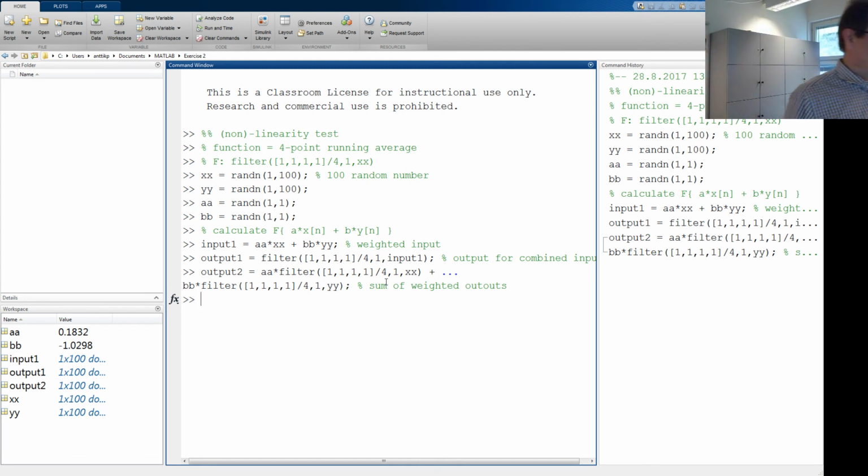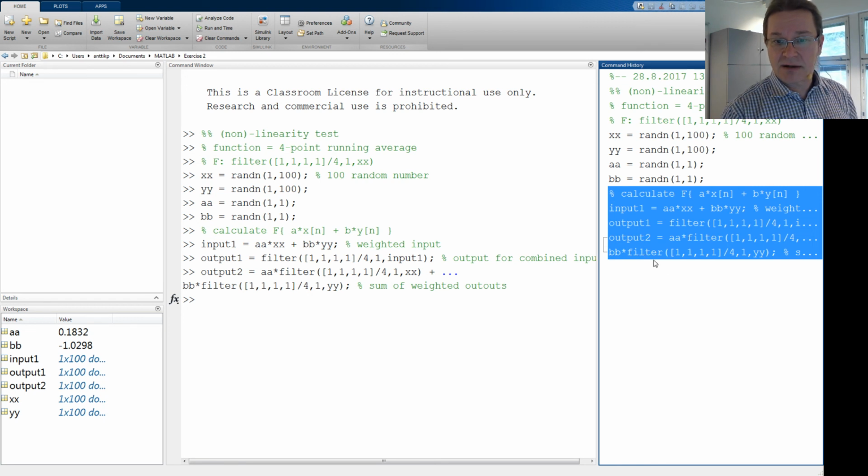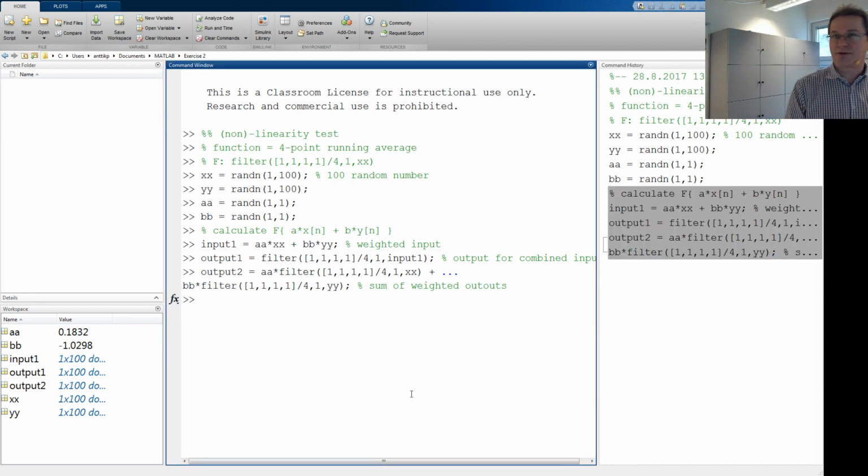I type things, and on the other hand, I can always take whatever I've tested first and make a script. So on the command history, if you basically just select something here, then you can choose create script, and that's your file. But anyways, I do it this way.